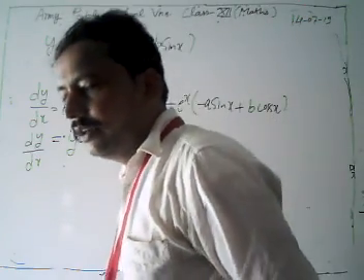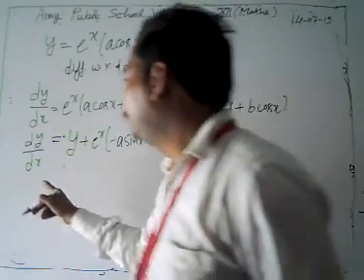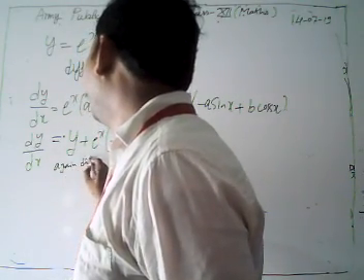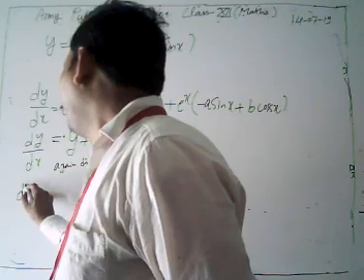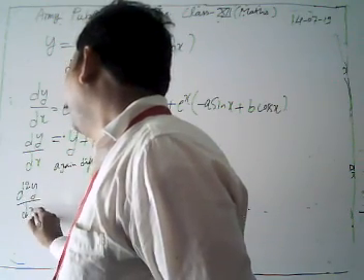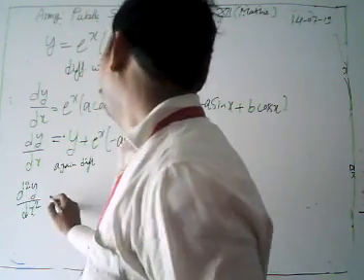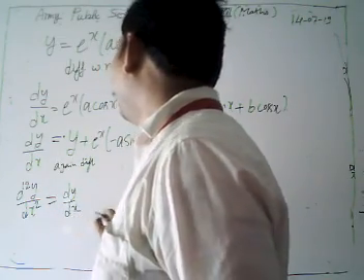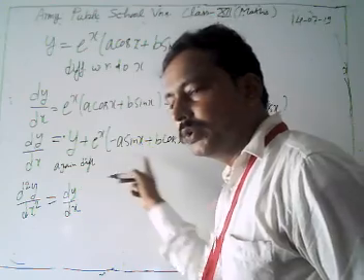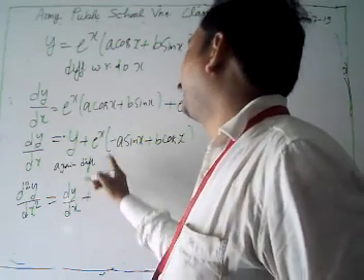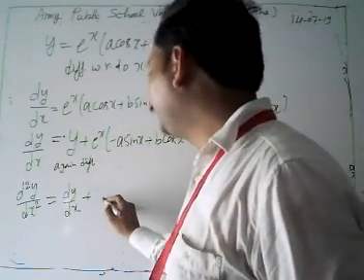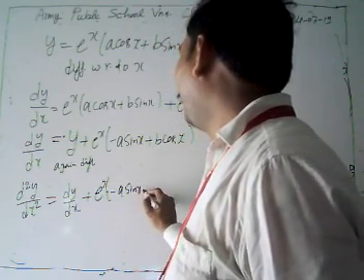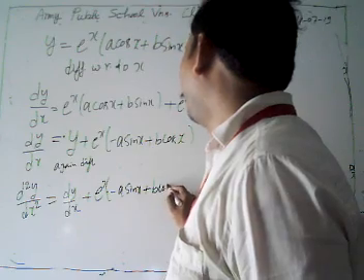Now we are going to differentiate again. Now we have d2y/dx2 equal to dy/dx plus... Again we have to use the product rule here. First we differentiate e to power x, so e to power x times (minus a sin x plus b cos x).